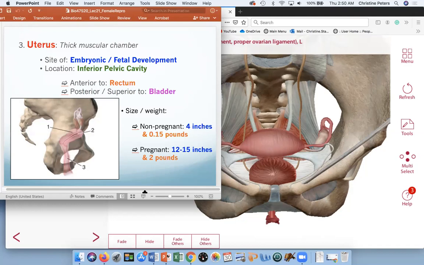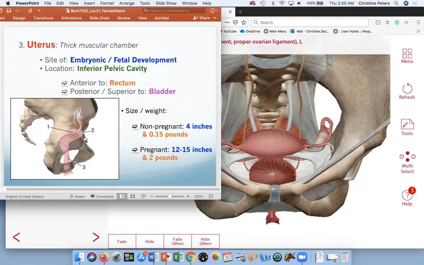Remember, it sits between the urinary system and the digestive system, but remember it's going to be kind of tilted forward in what we call an antegrade position. You can see that here, so it's kind of tipped forward over the bladder. And in someone that's not pregnant, it's about a little bit more than 1/10 of a pound.